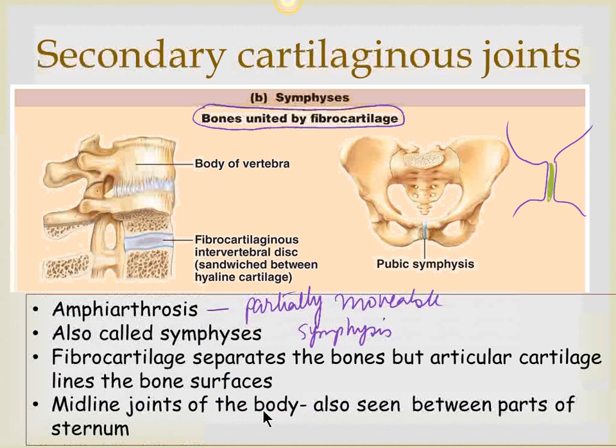Remember, the ends of long bones were lined by articular cartilage. But here also, wherever there is this joint, the surface of the bone has a thin layer of articular cartilage, which is hyaline. But here, in between, is this fibrocartilage, and that's why it's also called a fibrocartilaginous joint. Okay? This secondary cartilaginous joint is also known as a fibrocartilaginous joint. The intervening tissue is fibrocartilage. This little hyaline cartilage just lines the surface of the bones. It's not intervening between the two bones.